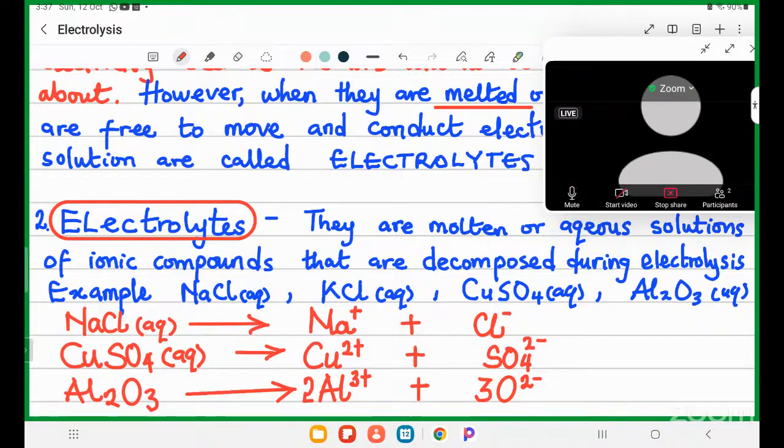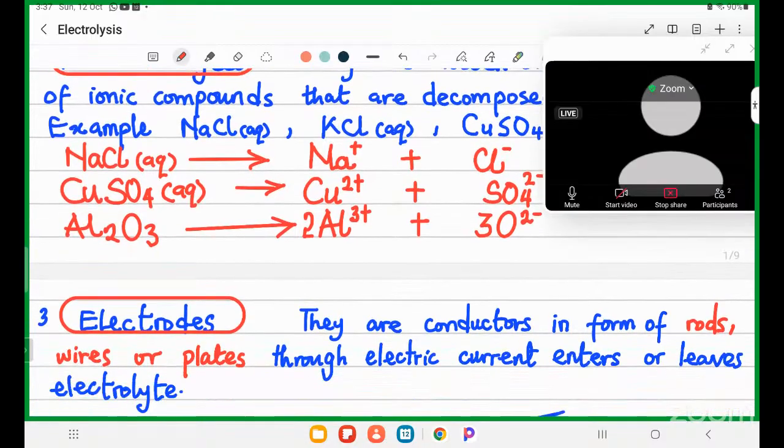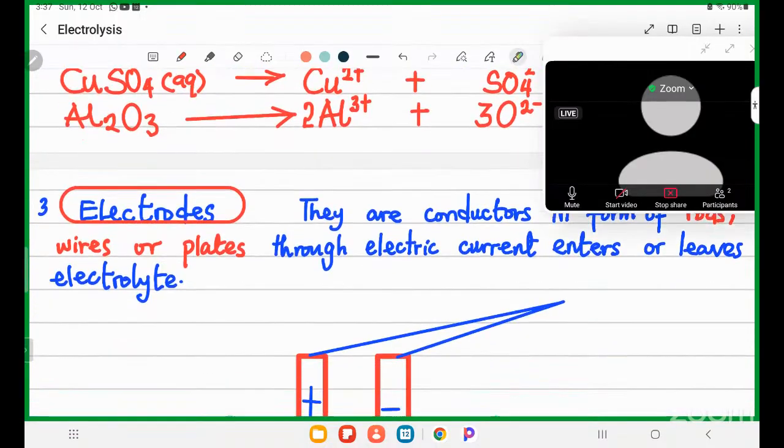Good. Now, the next term we use in electrolysis is electrodes. Electrodes are like rods, wires or plates, and through them, current can enter or leave the electrolyte.